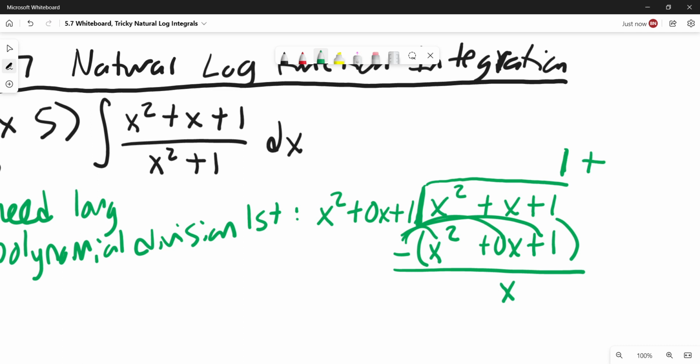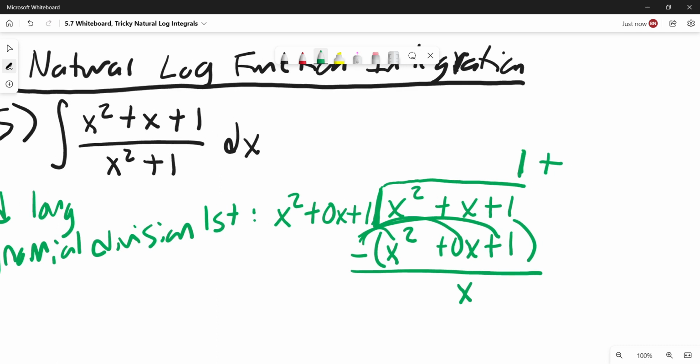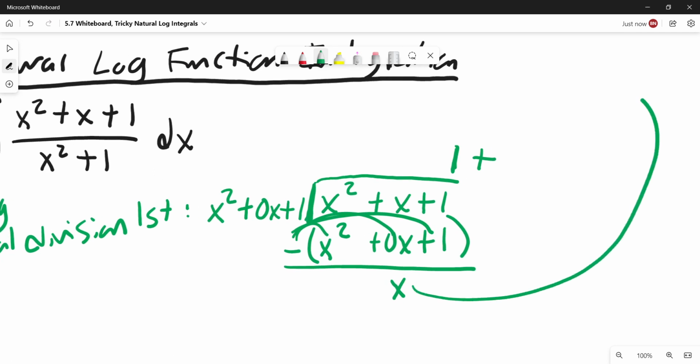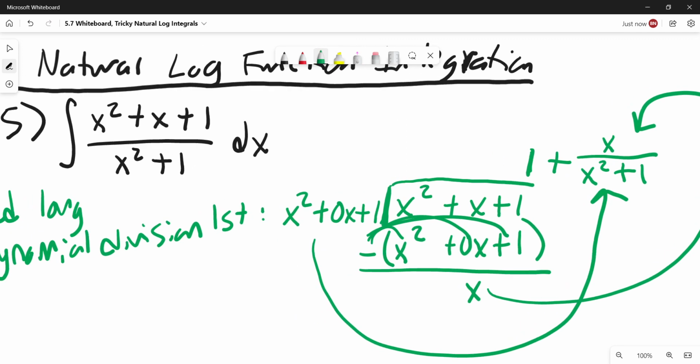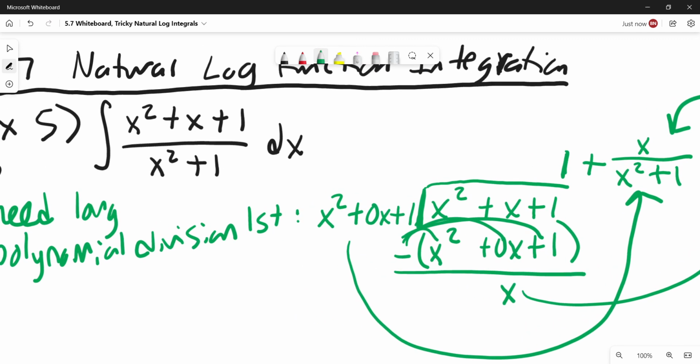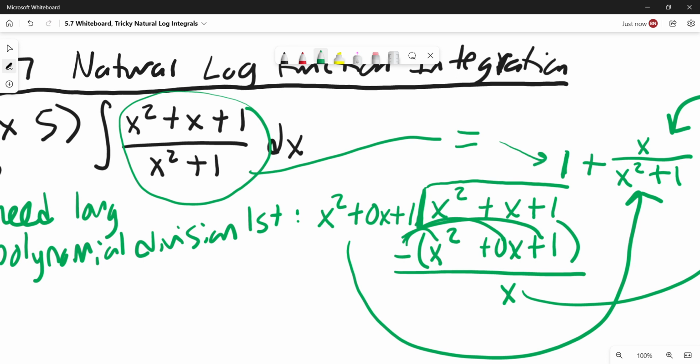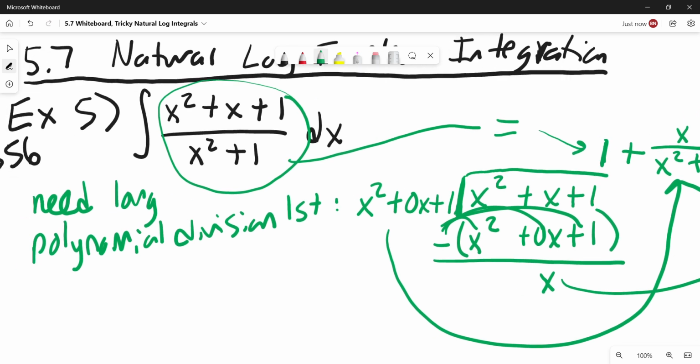So plus this x divided by the divisor, I think that's the formal name for it, x over x squared plus 1, right? So this whole thing is equivalent to that whole thing. So I'm going to rewrite it.